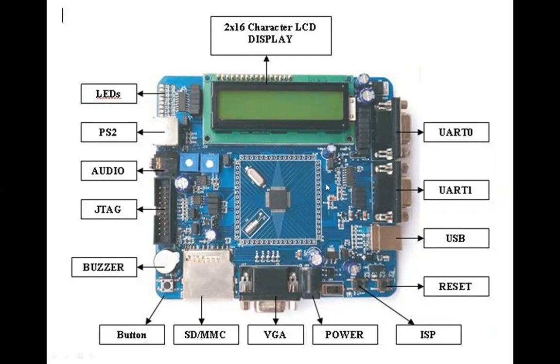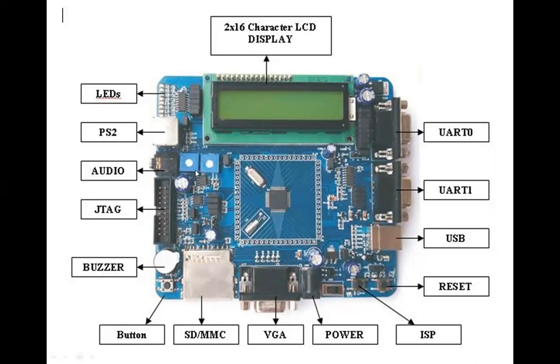Over this board you can see in the center there is a chip along with the crystal oscillators. Similarly, the pins surround this processor, and many peripherals are available. Now this board has the chip along with the board peripherals.